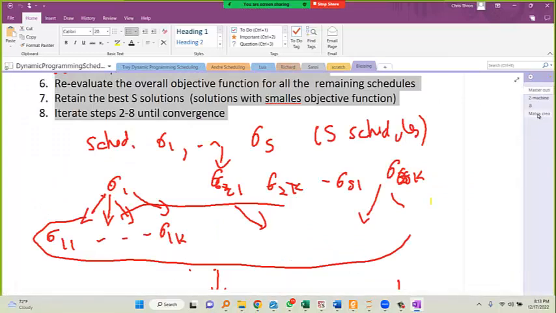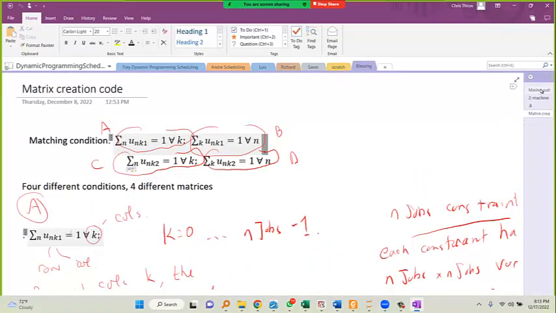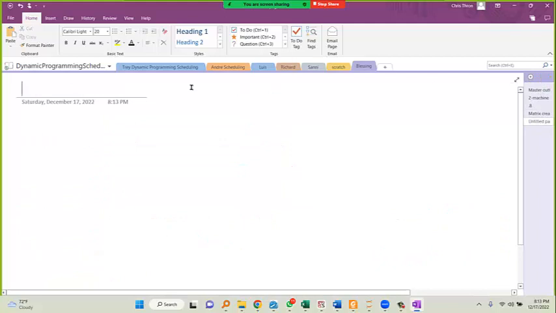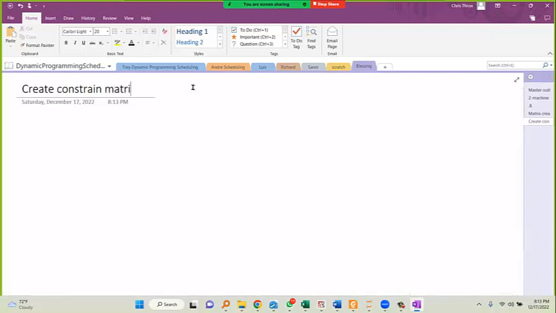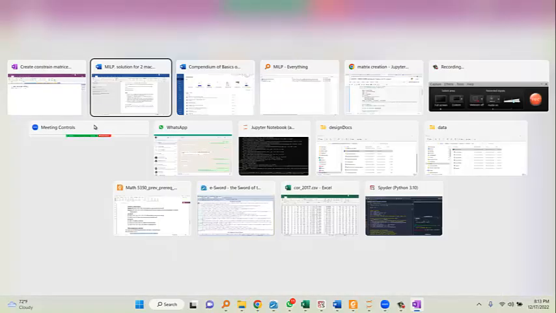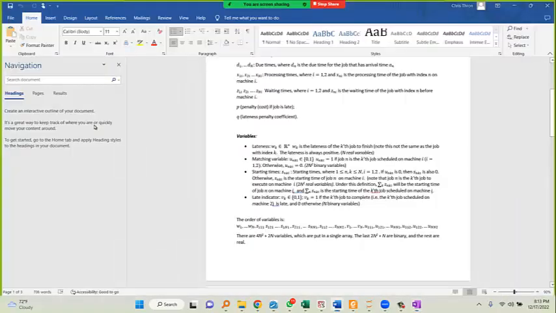All right, so let's go here. Yes, this is where you did the explanation. So here's create constraint matrices. So we have constraints. So let me copy the, oh, I guess you can do this here.